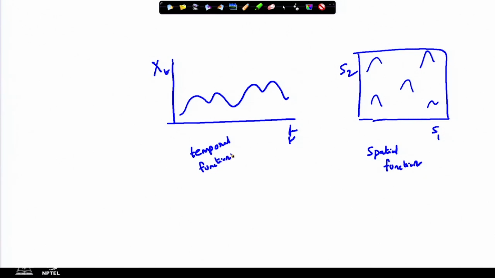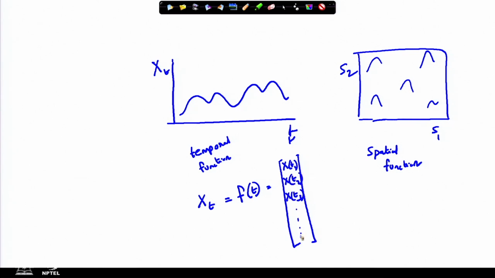When we are talking about this x(t), we can call it some kind of function over time, but in reality it is nothing but a very long vector: the observation at t1, the observation at t2, the observation at t3, and so on, all the way till the observation at tn, but this n may be arbitrarily long.